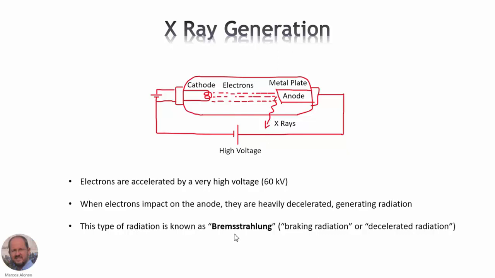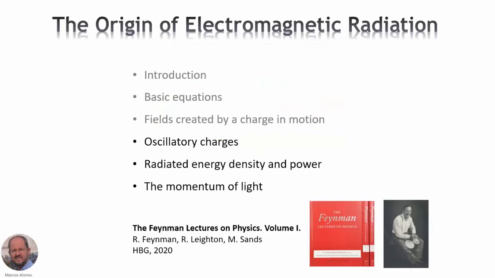This type of radiation is well known and is called Bremsstrahlung, which in German means braking radiation or decelerated radiation.